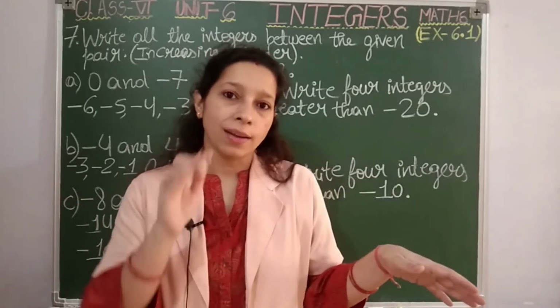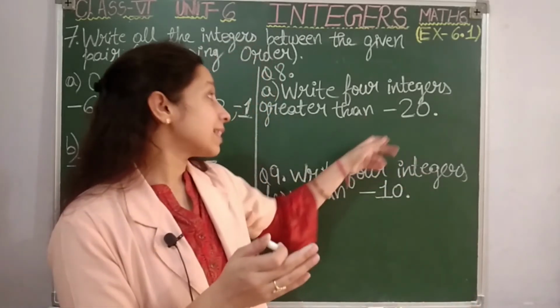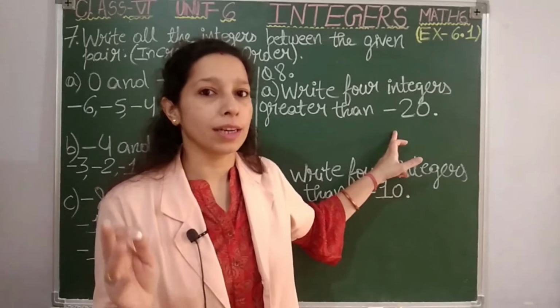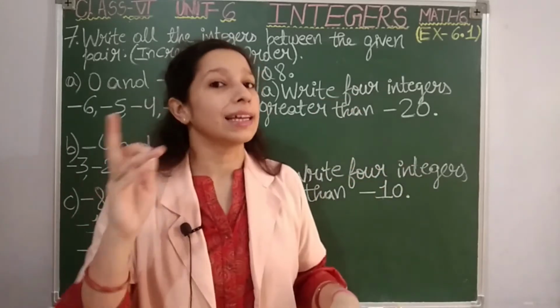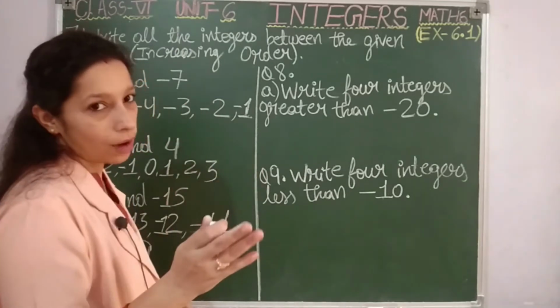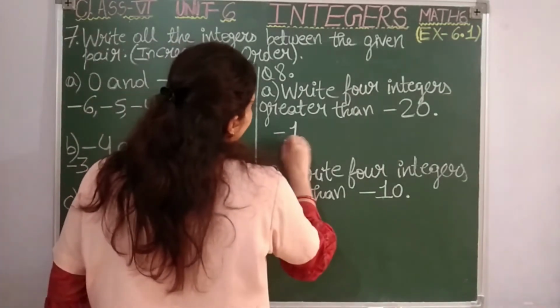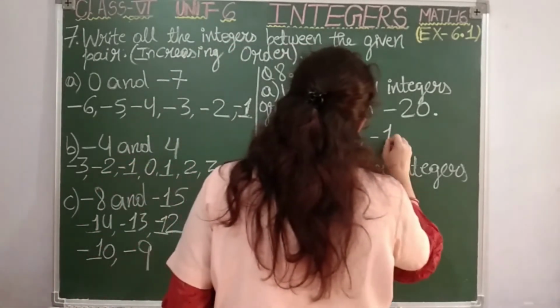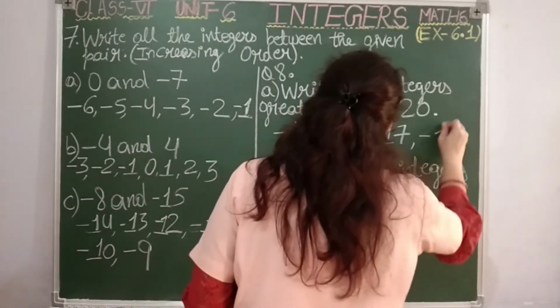So if I write minus 21 as greater in comparison to minus 20, it will be wrong. Reason: minus 20 is greater than minus 21. So students, greater numbers you have to write. So I can write minus 19, minus 18, minus 17 and minus 16.